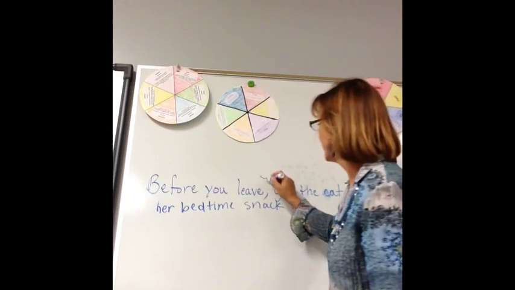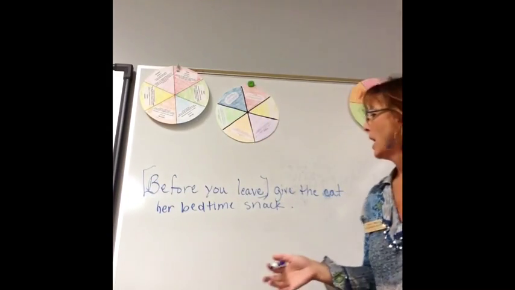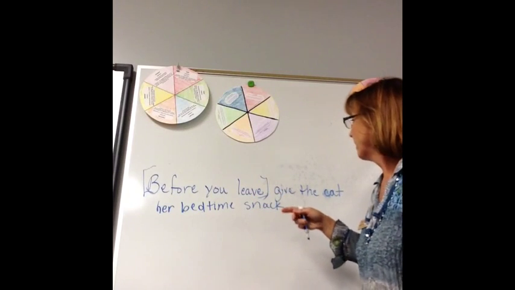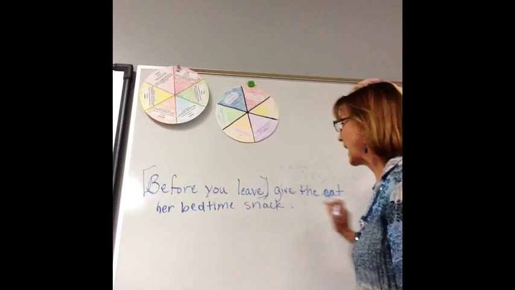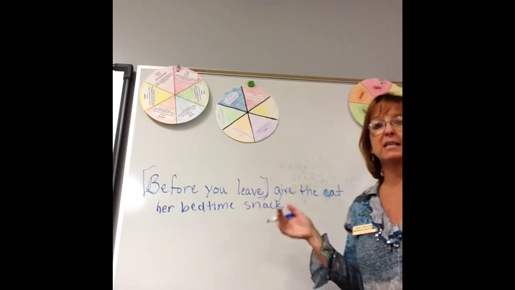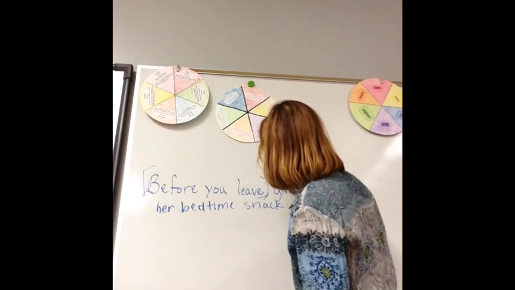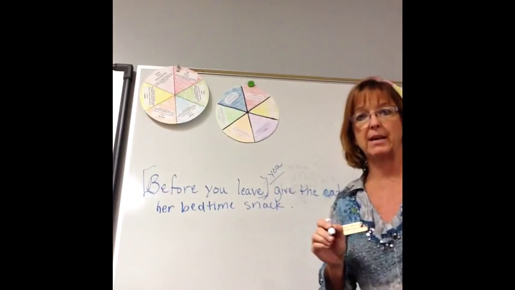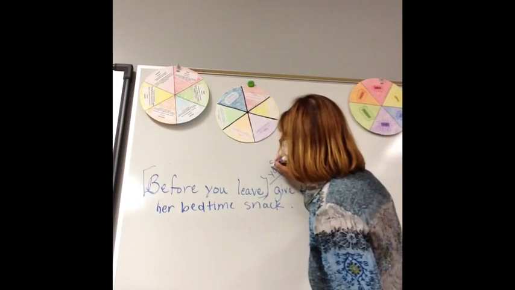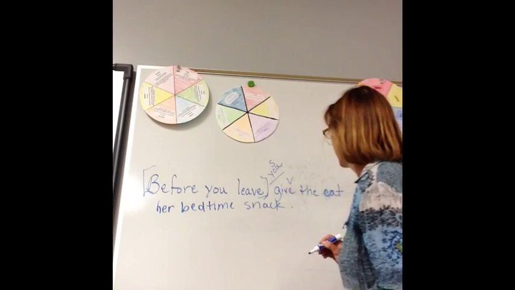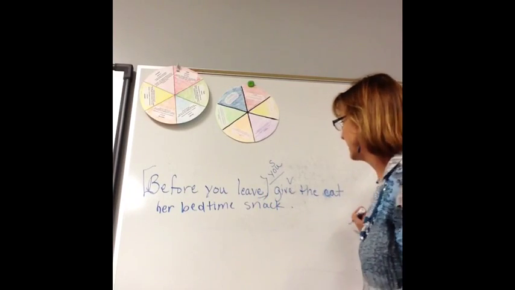So, if it's at the beginning, we see a comma there. We know it's either a phrase or a clause because it's extra. So, this is give the cat a bedtime snack. That's an imperative sentence. So, we also know that you is our implied subject because who's supposed to give the cat the snack? You are. So, here's our subject. Here's our verb. Okay? So this is our main sentence.